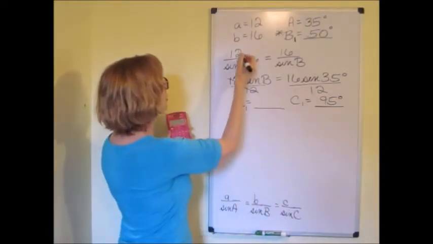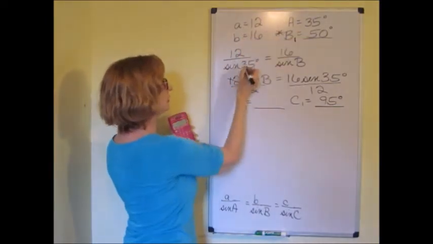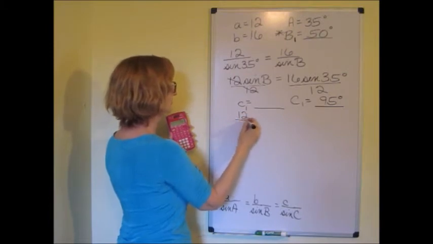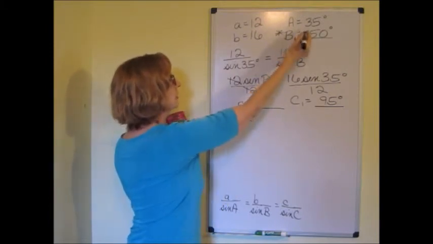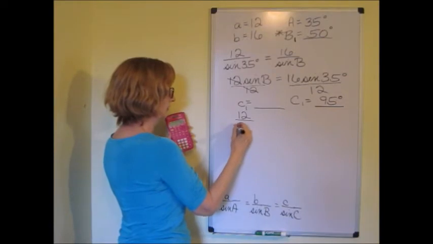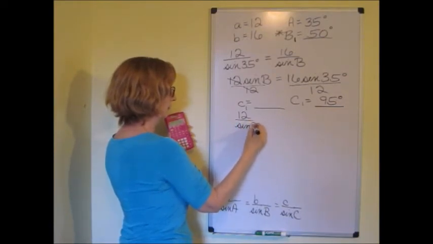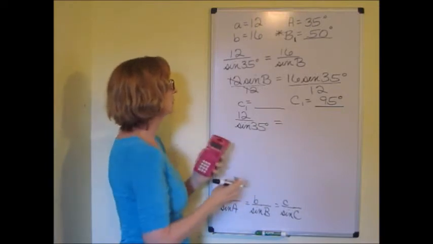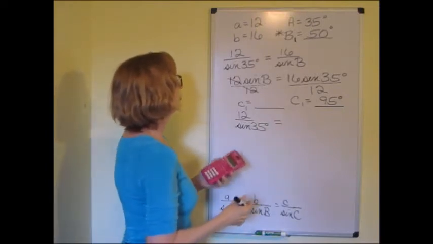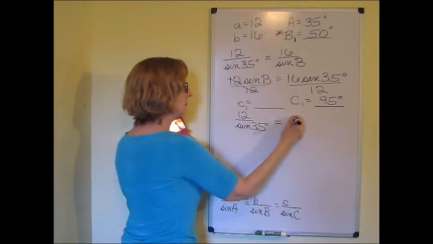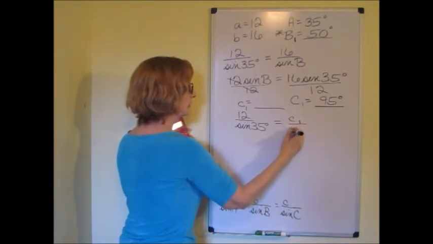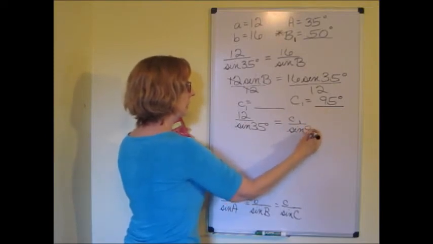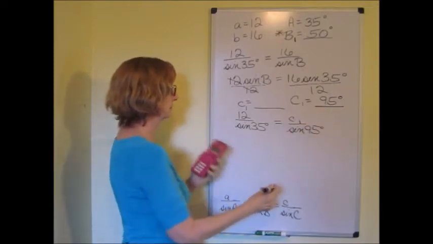I can also find side C in this first triangle by using the law of sines again. So I'm going to use A over sine A just like I did in the first part. So I'm going to take 12 over the sine of 35 degrees is going to be equal to C for the first triangle over the sine of angle C, which was 95 degrees.